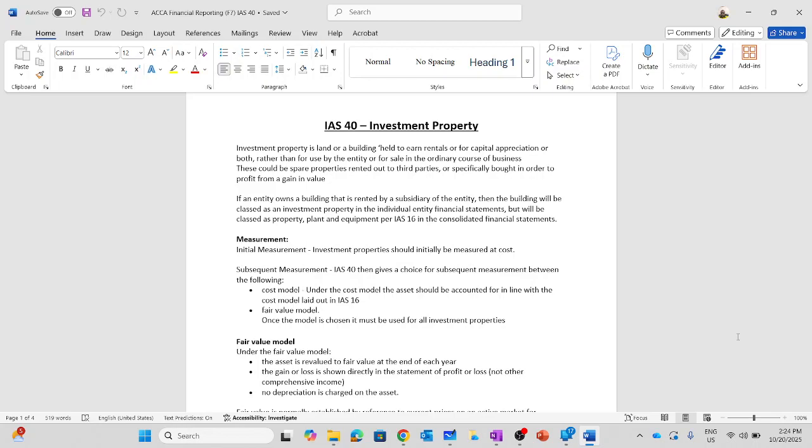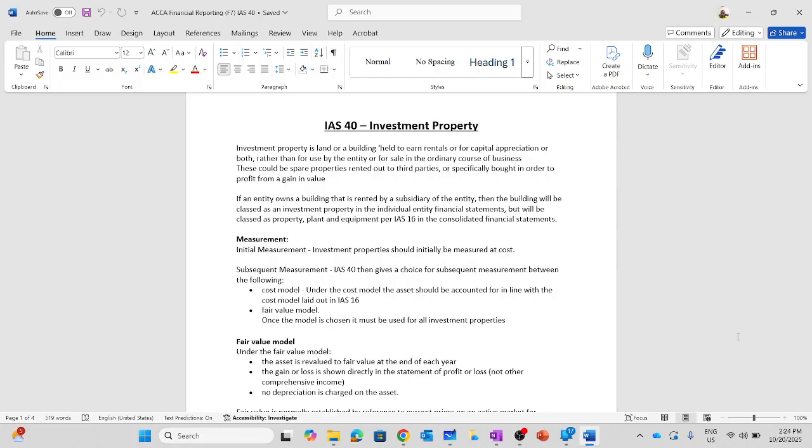However, the building will be classified as investment property in the individual entity financial statements. But when we are going to prepare the consolidated financial statements, we are going to include the land or building as per IAS 16 as property, plant, and equipment, not as investment property.